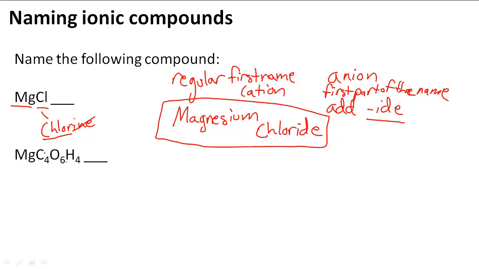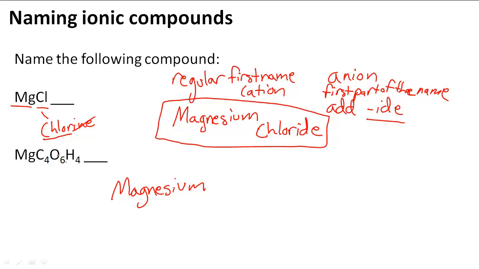Now, let's move on to this one, which has a polyatomic ion. The rules are basically the same. We have the first name of the cation, so we just write magnesium. And sometimes the polyatomic ion will be the cation, so we would just write its name, like we're going to write for this one.